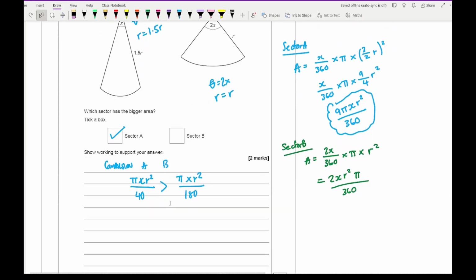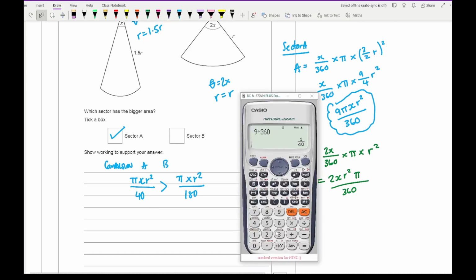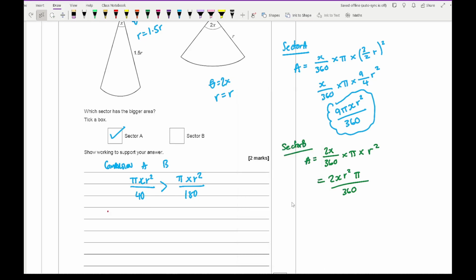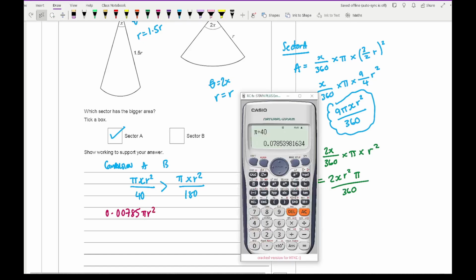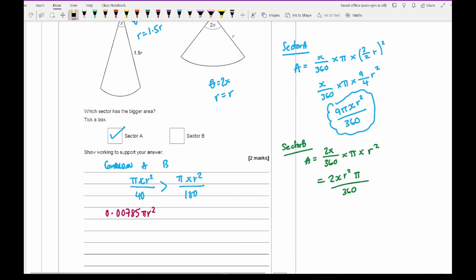Now if I wanted to use numbers, I could work it out. Unfortunately I don't know what x r is, but I can do pi over 40. Let's do that on my calculator: pi divided by 40 equals 0.0785, so 0.0785 pi r squared.